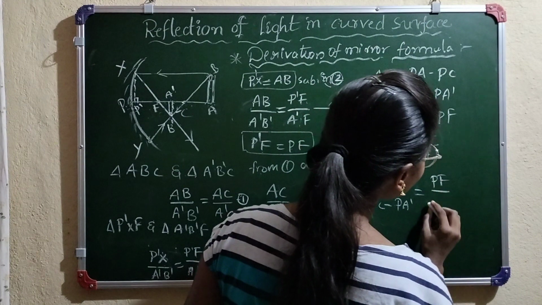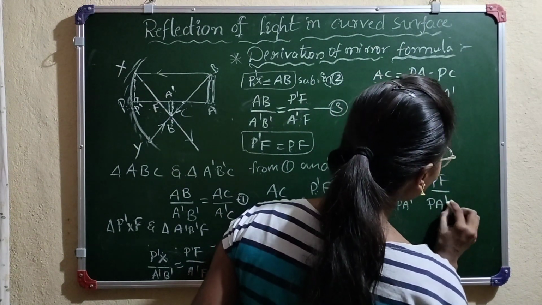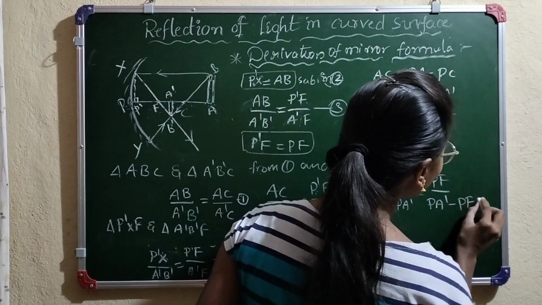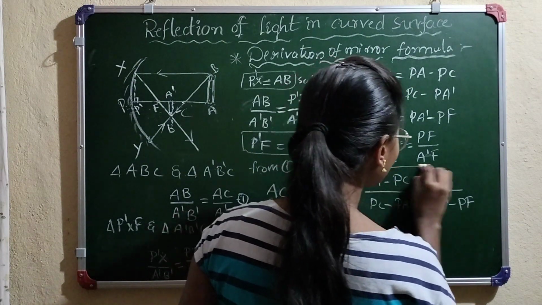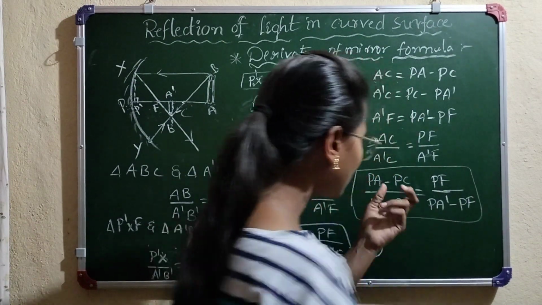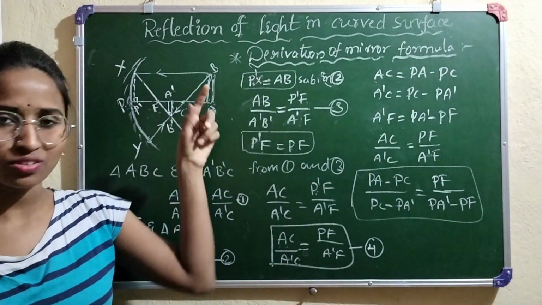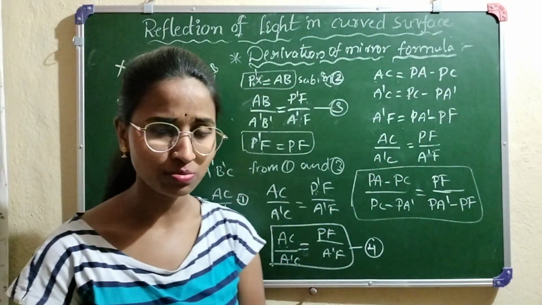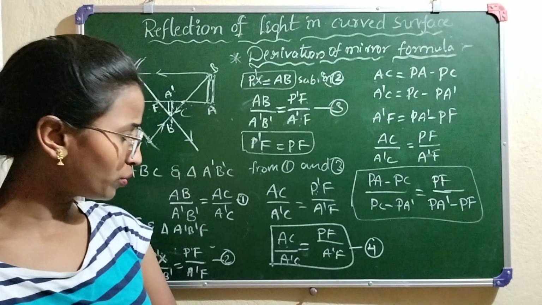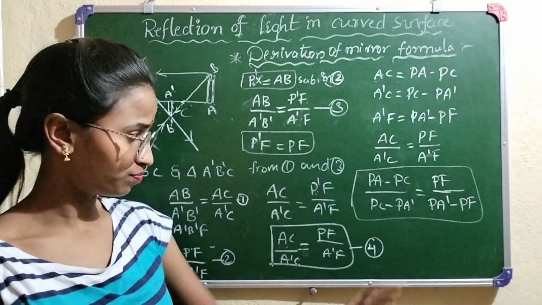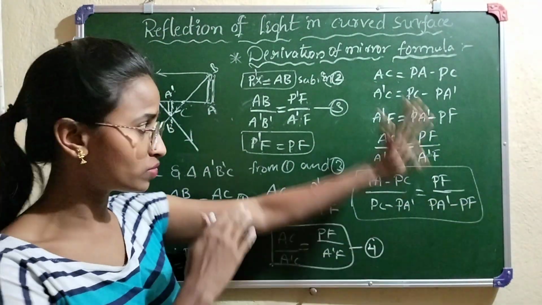A dash F is PA dash minus PF. Now in this equation we have to substitute the values, whatever PA, the object distance. I hope you got clarity about this final formula, the final output of this derivation.